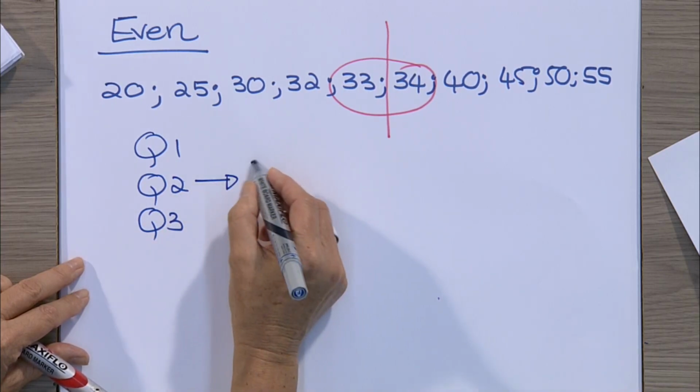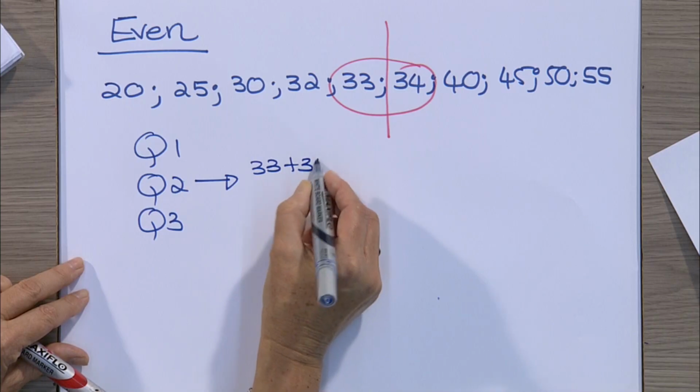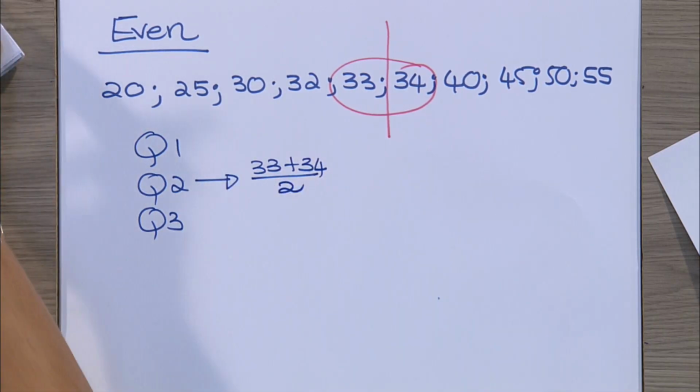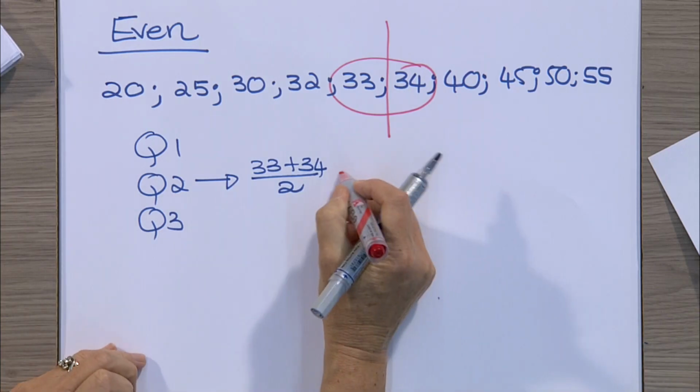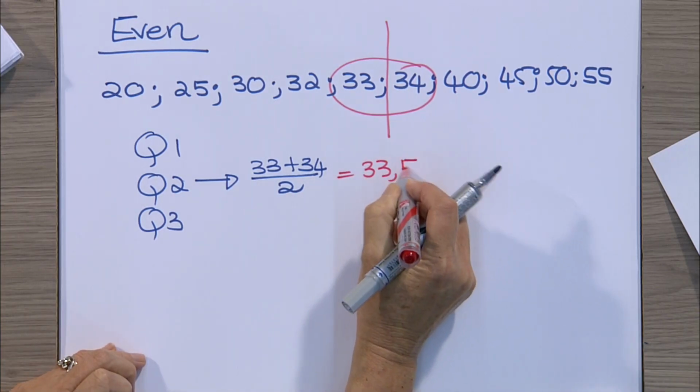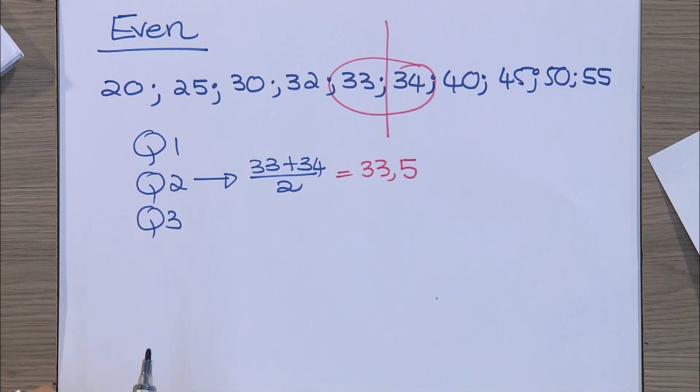So quartile 2 will be 33 plus 34, divided by 2, and we get that the answer is 33.5. All right, that is for Q2.